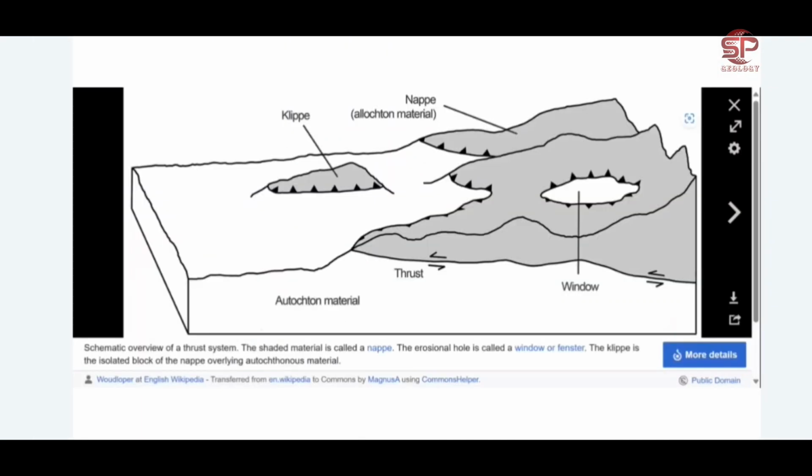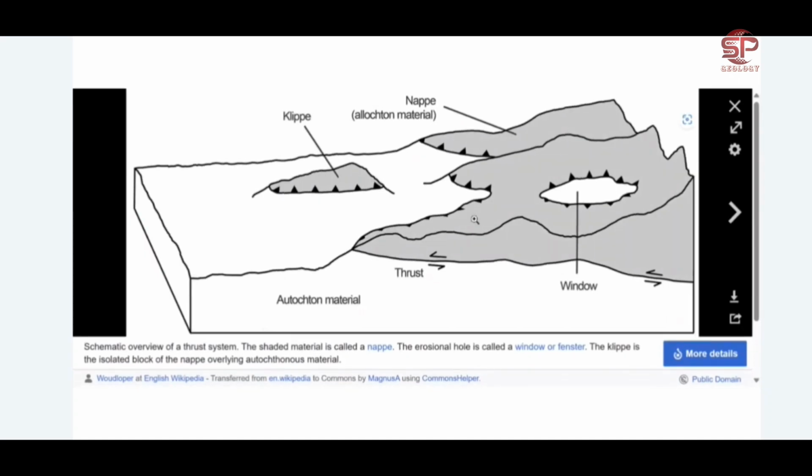So klippe and window, these are produced during thrusting, or you can say a nappe structure. This grey color is the lower unit. It is moving under this upper unit. That means the grey part is older and the whiter part is younger.